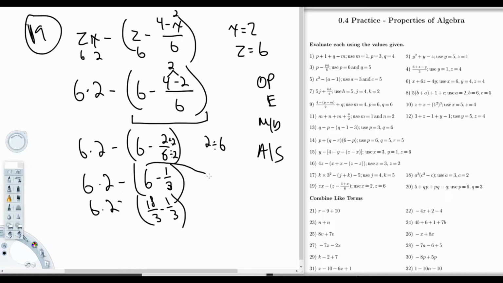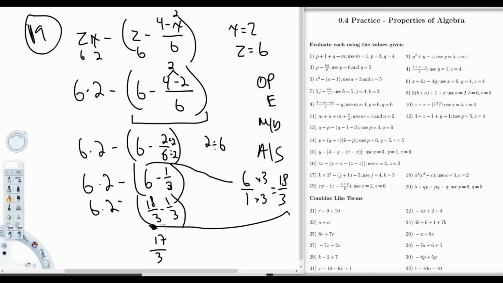Just to show you what I did here, 6 is really 6 over 1. If I multiply the top and the bottom by 3, I get 18 over 3. And that is what I got right here. So we're subtracting fractions. 18 minus 1 equals 17.